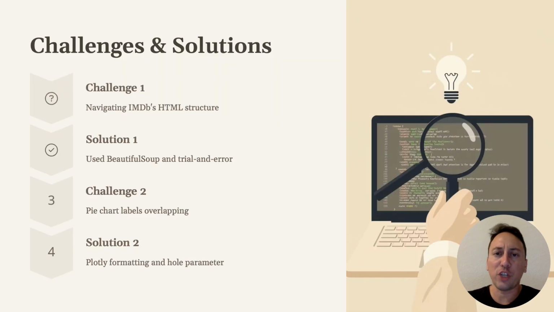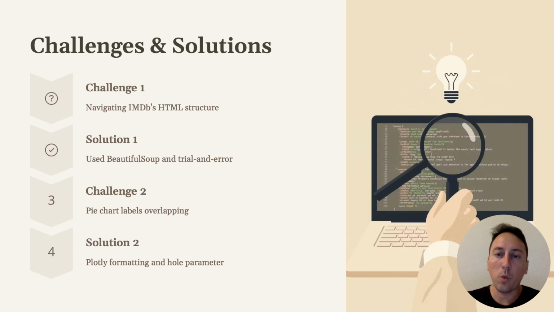Like any project, this one comes with a few challenges. First, IMDb's HTML structure is not very intuitive. It required patience and multiple iterations to locate the correct tags and extract the data without errors.